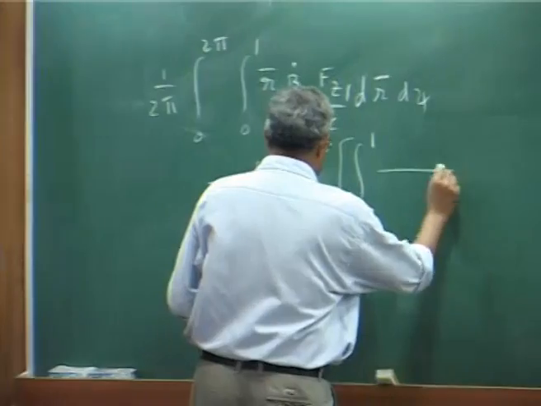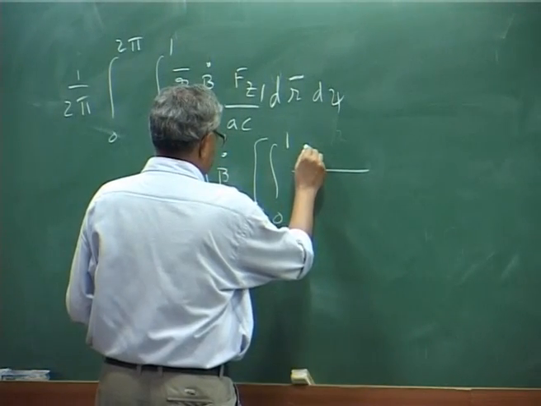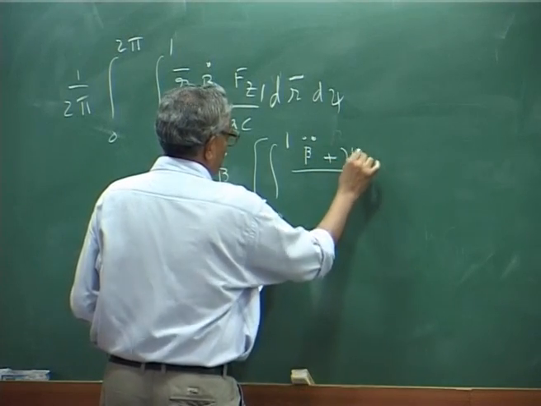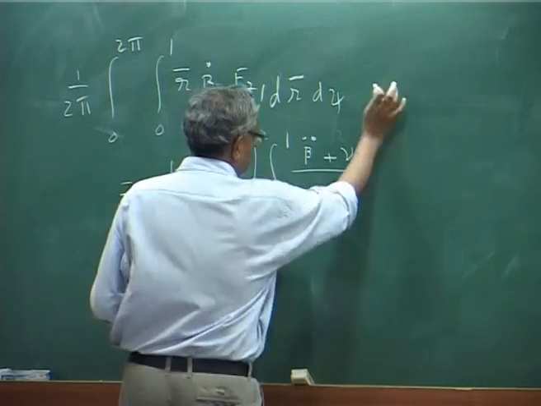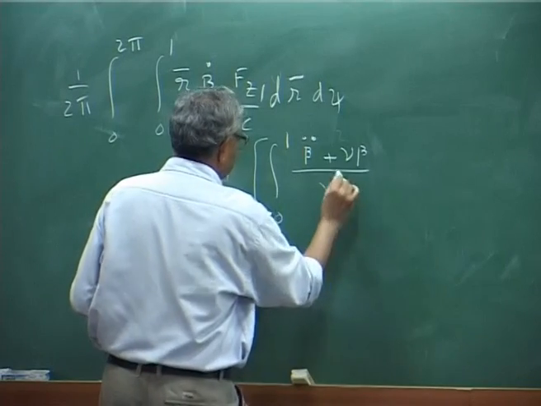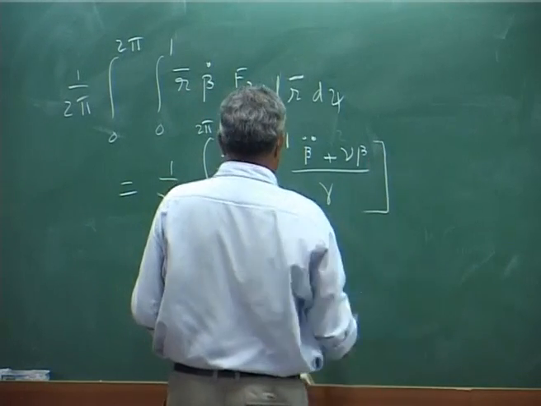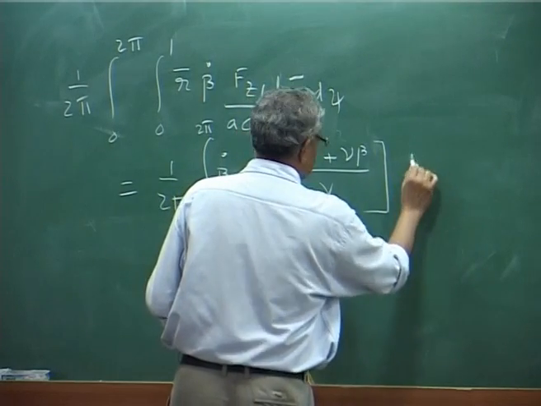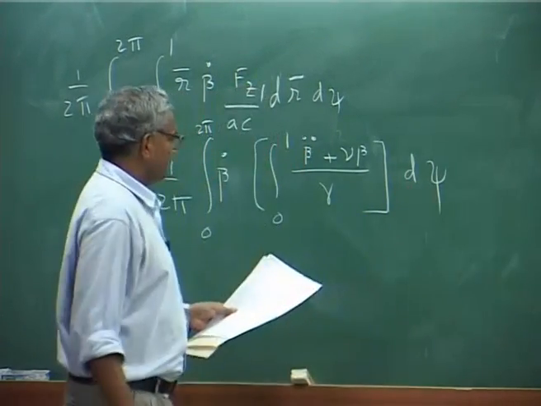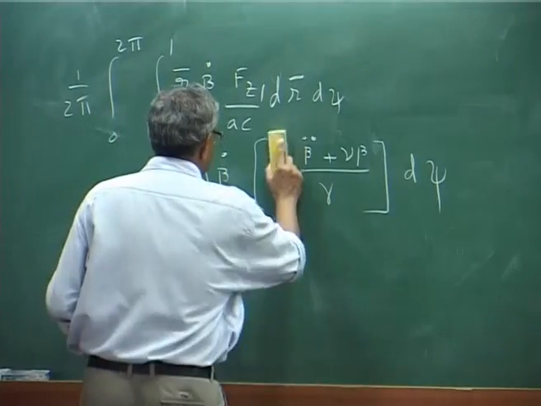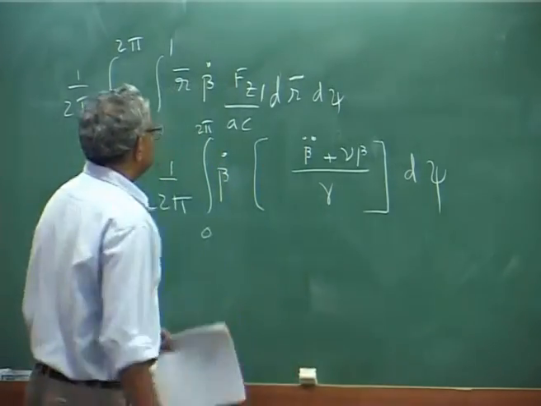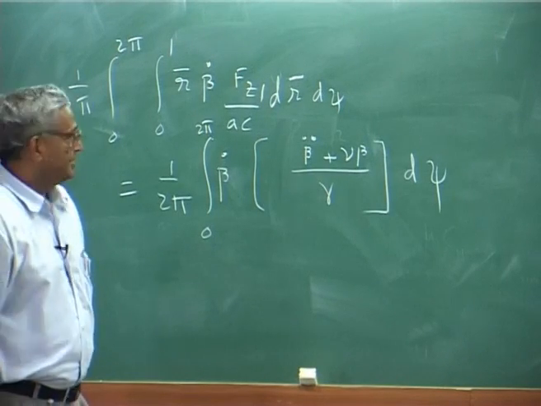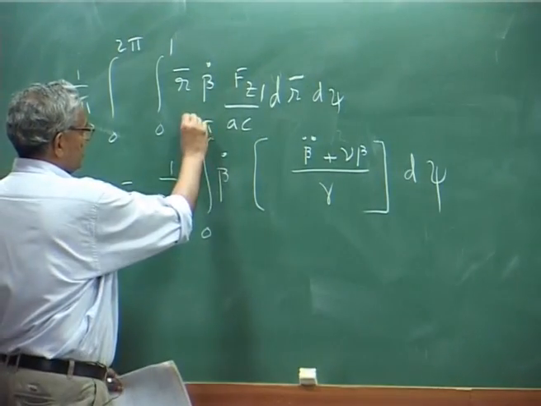So this is beta double dot plus nu beta square, sorry, nu beta over gamma, d psi. No, there is no 0 to 1, I am sorry, because this is 0 to 2 pi.